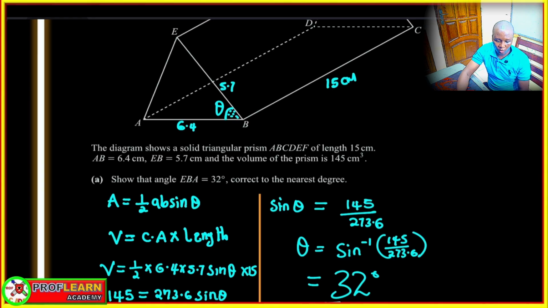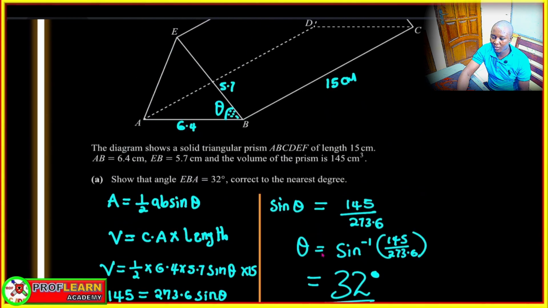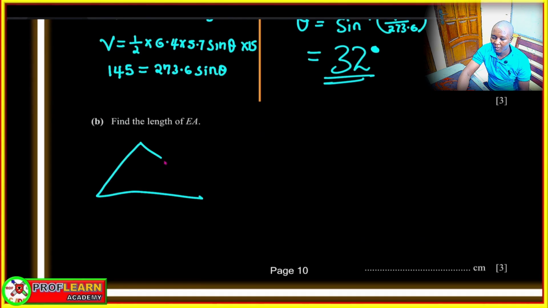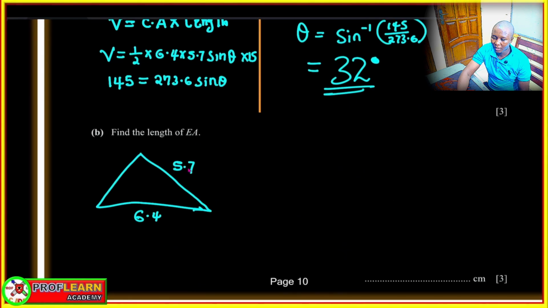And then we are going to work out the length of EA. Length of EA, okay. We have the measurement there, this angle, we are having this angle 32. Then when you have one angle, two sides, and you are finding the side that is opposite to the angle, then it means we are going to use cosine rule here.